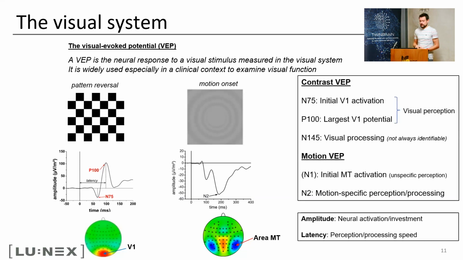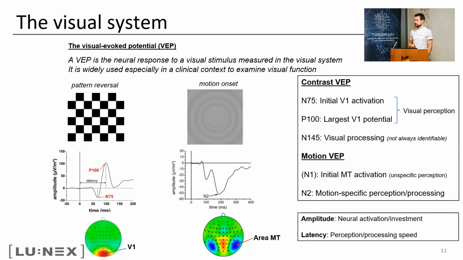Good. But maybe just to quickly explain what these different potentials mean. For the contrast visually evoked potential, the N75 and the P100, there is still some discussion in the literature, but in the end, both are associated with visual perception. It is the initial perception of contrast information or color information, depending on the stimulus you use, as we have just discussed.